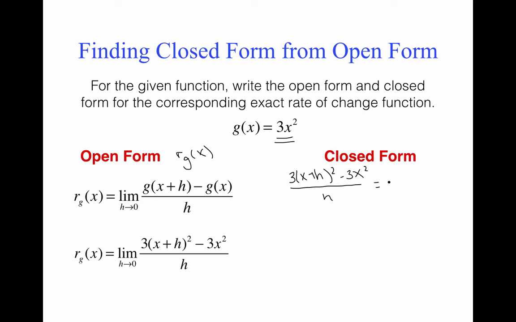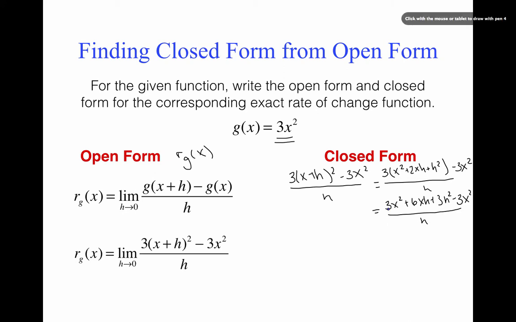But I'll go ahead and do it by hand for now. If I expand this numerator out, I get 3 times x squared plus 2xh plus h squared minus 3x squared all over h. And now I can distribute the 3 to get this expression in the numerator.